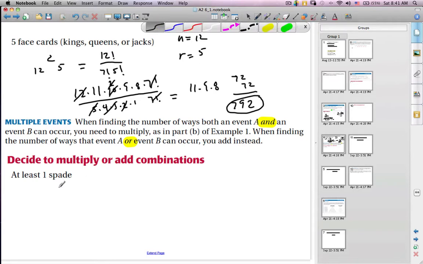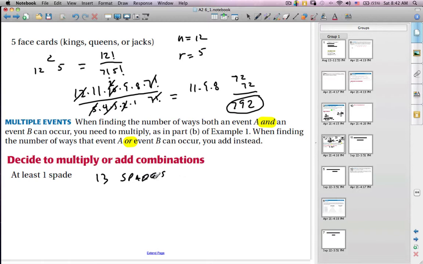Okay, so if I wanted to find a deck of dealing out a set of 5 cards and having at least one spade, how many different ways are there that could come out? Well, if you think about it, there are 13 spades in a set of cards.